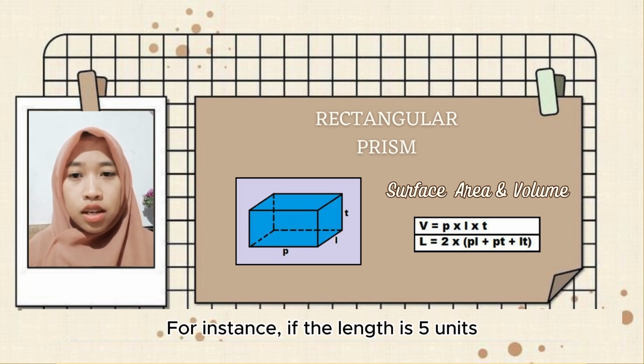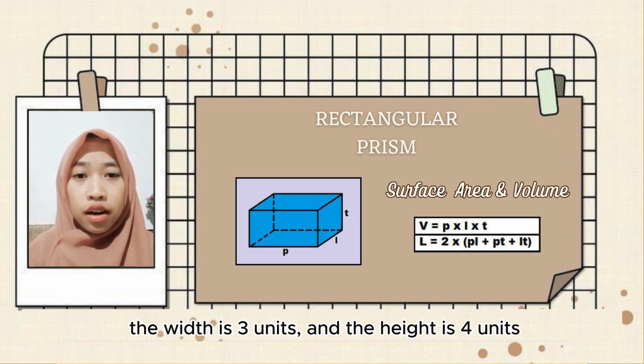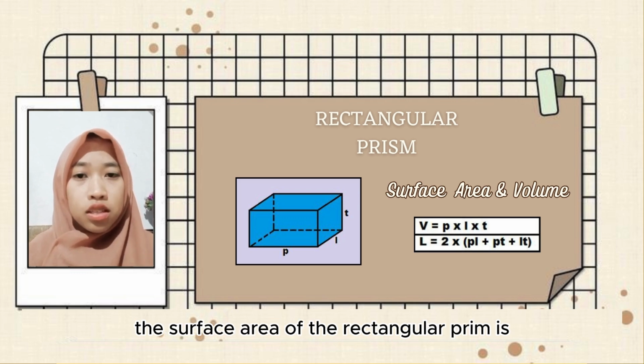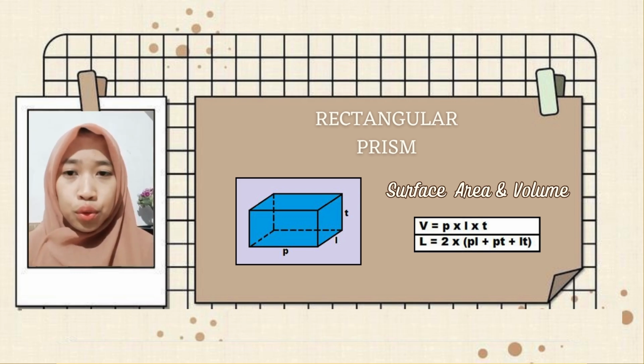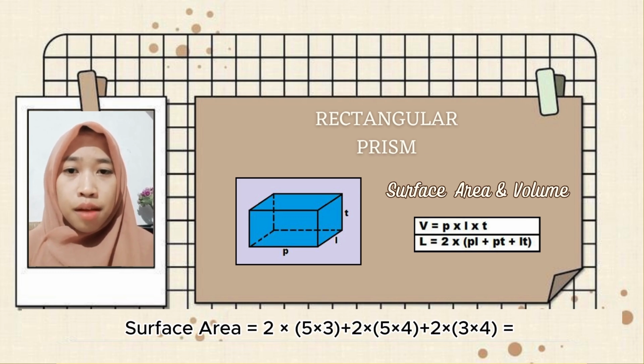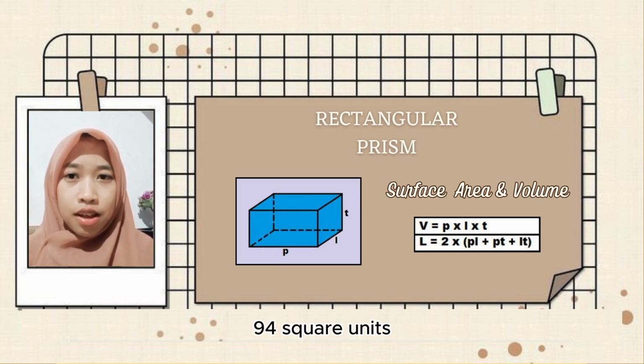For instance, if the length is 5 units, the width is 3 units, and the height is 4 units, the surface area of the rectangular prism is 2 times (5 times 3) plus 2 times (5 times 4) plus 2 times (3 times 4) equals 94 square units.